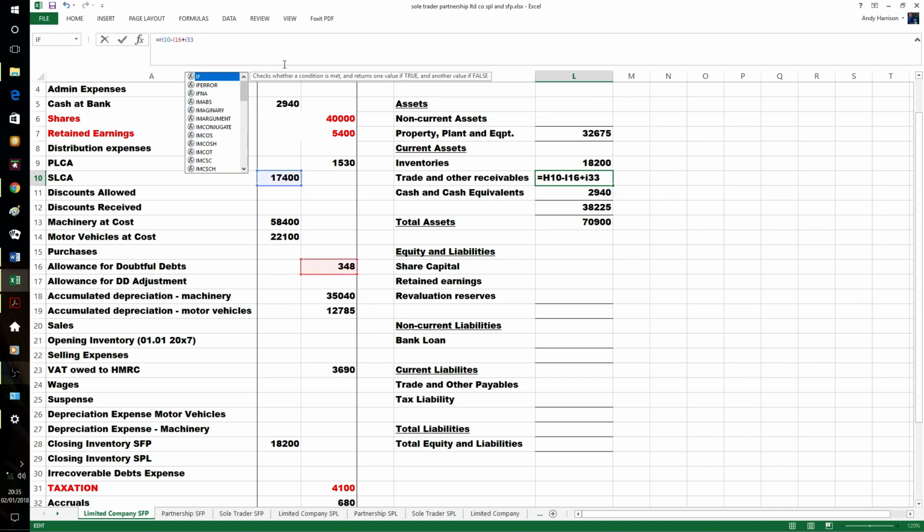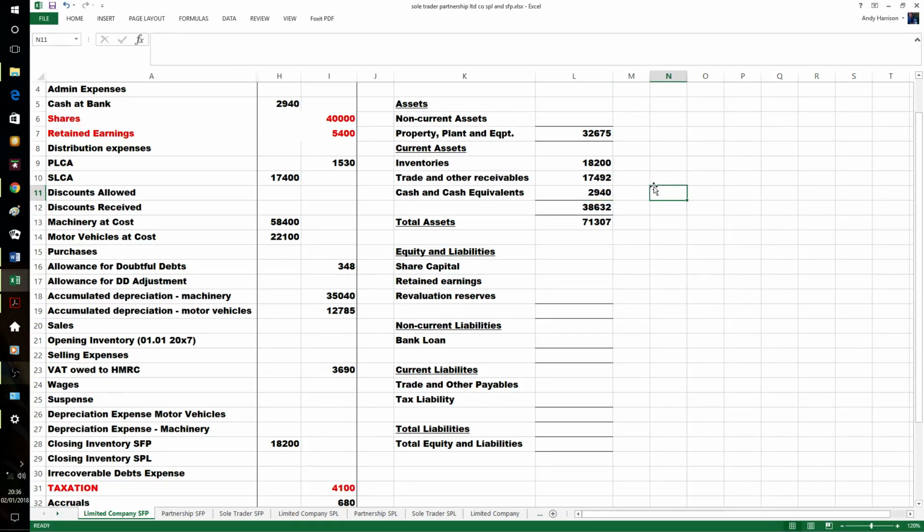I've missed out the letter there, so it came up as 33, not I33. H10, still not right. Minus I16 plus H. That's the right amount. Advantage of doing it on a spreadsheet, of course, when we came down to the bottom, if it hadn't added up, we'd soon be able to work out why.